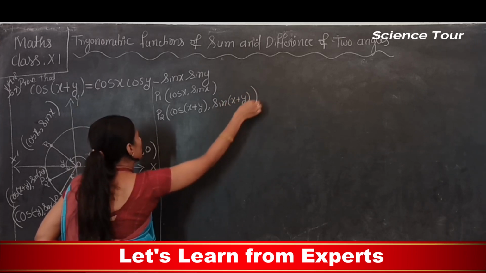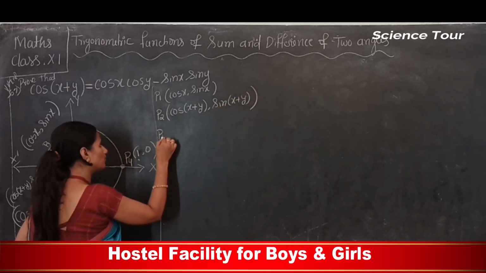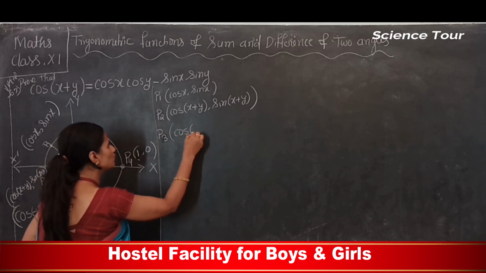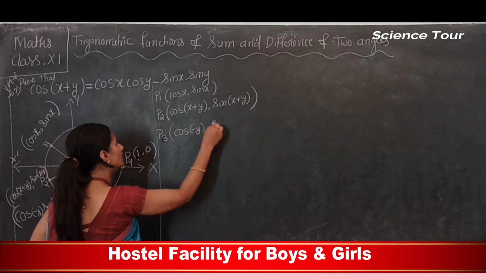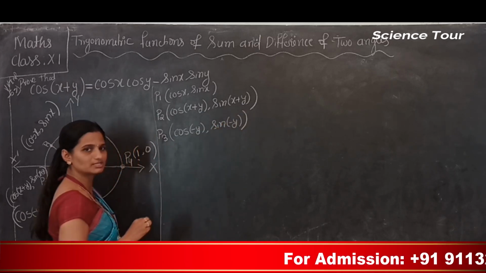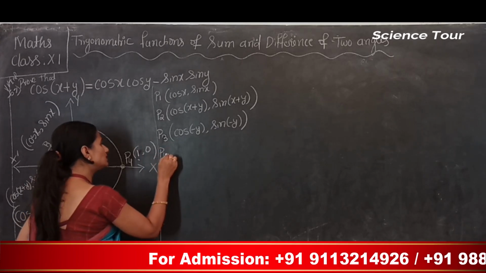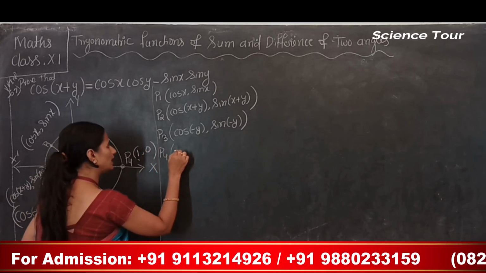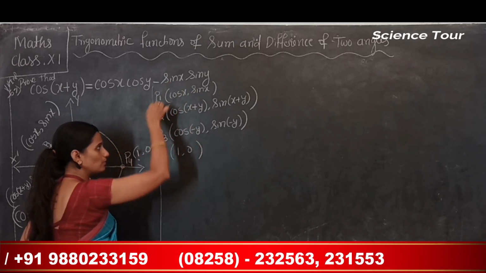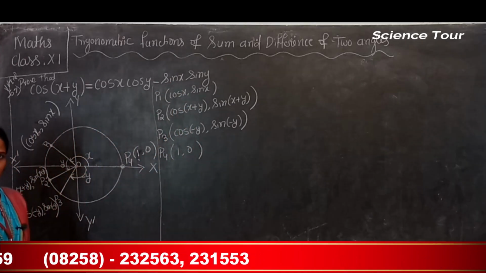What is the third coordinate? It is cos of minus y comma sin of minus y. What is your fourth coordinate? It is 1 comma 0. Understood now how the coordinates are?